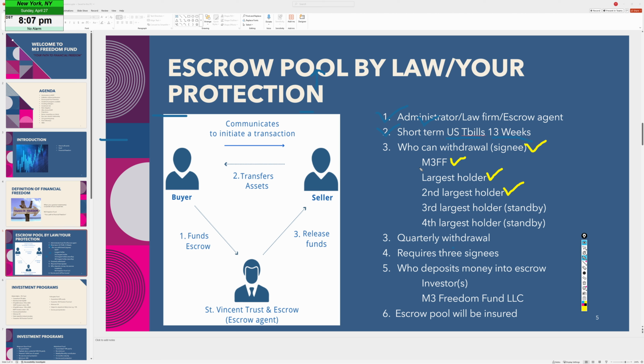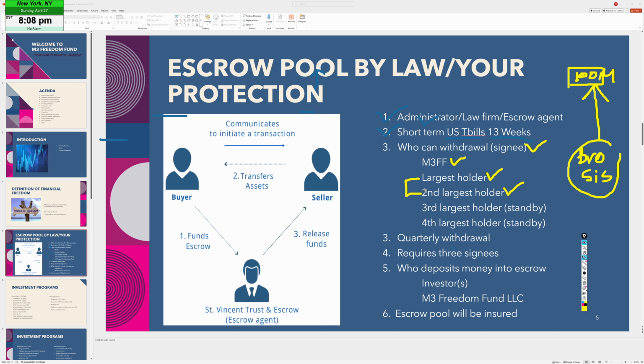Why is it designed with three signers, and two of them are our largest holders? Because if we were to appoint people to sign, I could have my brother, my sister as signees. Then when that escrow grows to be $100 million, all three of us sign and we run away with that $100 million.